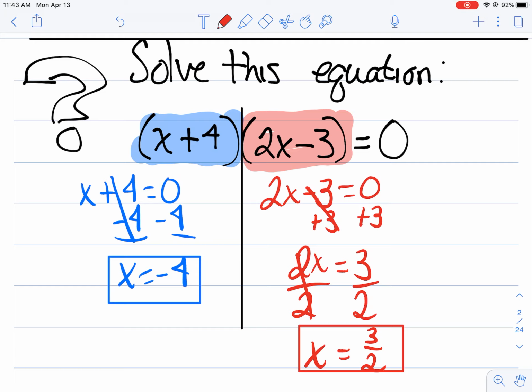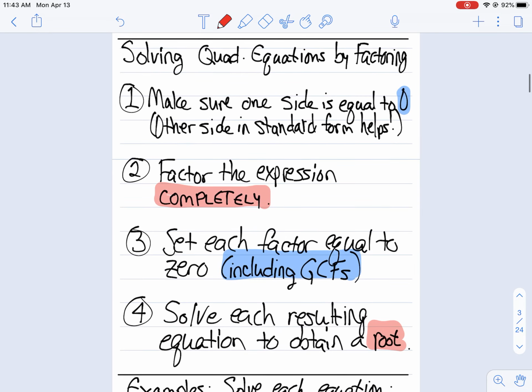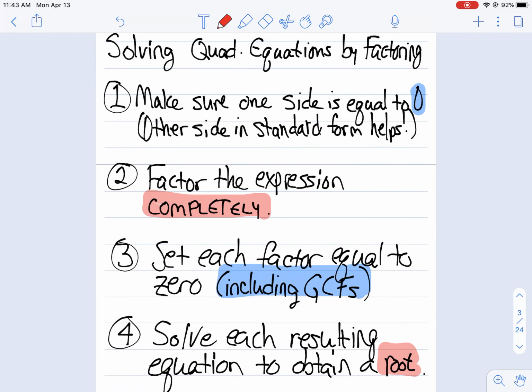All right? Now, we're going to put it all together and have one step-by-step method to solve an equation by factoring. So here's the method. We're going to go through it here together. Number one, this is very, very important: we need to make sure that one side of the equation is always equal to 0.